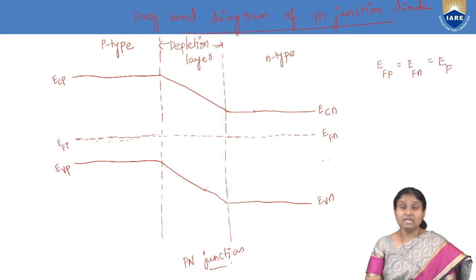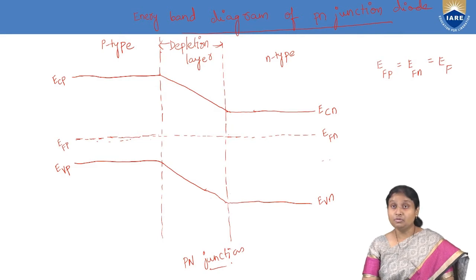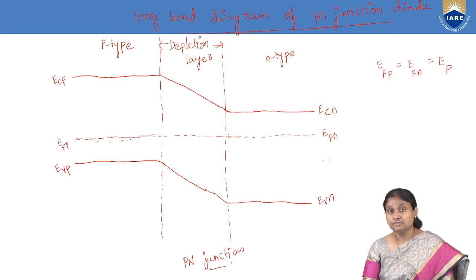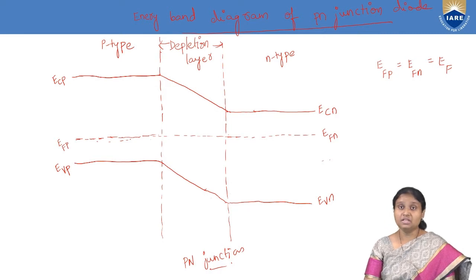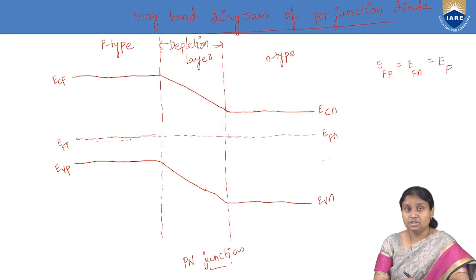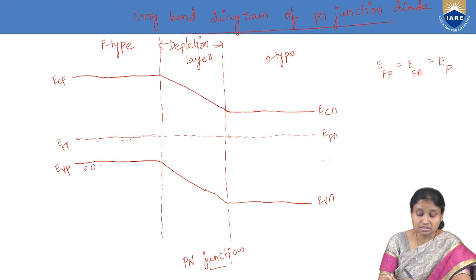Why is this Fermi level becoming uniform? Because of the flow of charge carriers by diffusion, from higher concentration to lower concentration. In p-type, the majority charge carriers are holes, and these holes are present in the valence band of the p-type semiconductor.